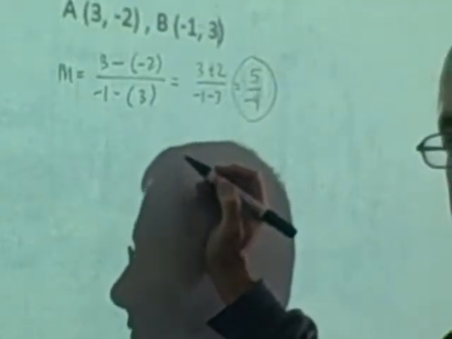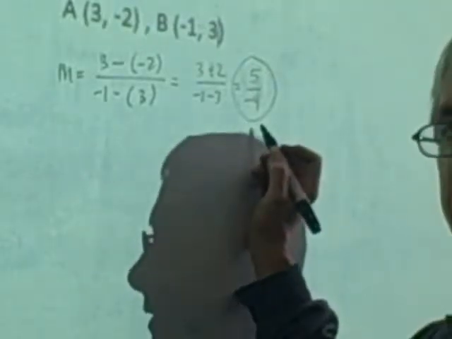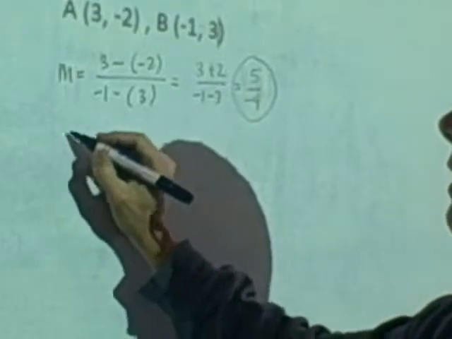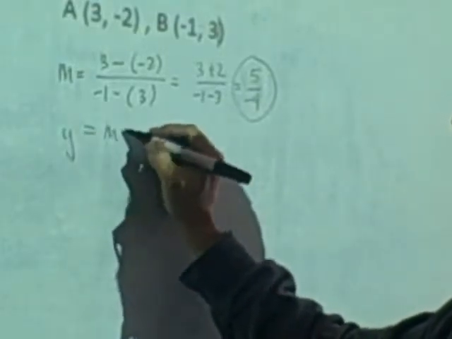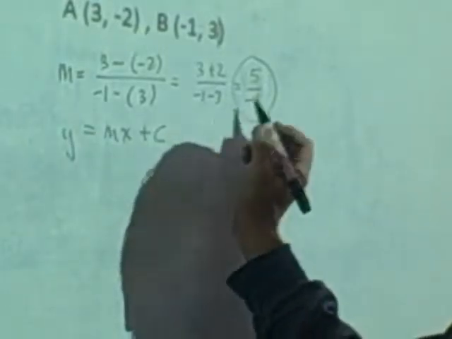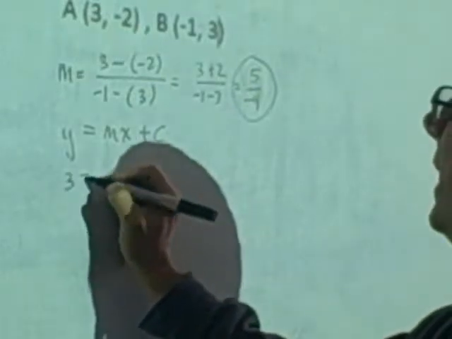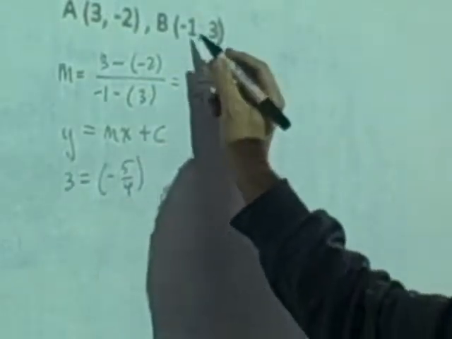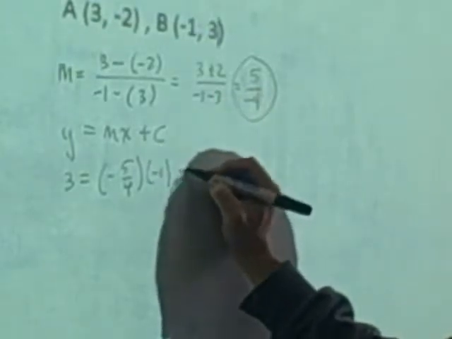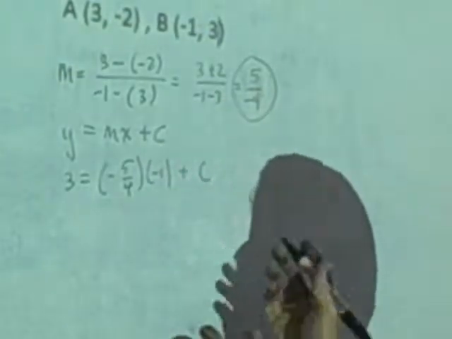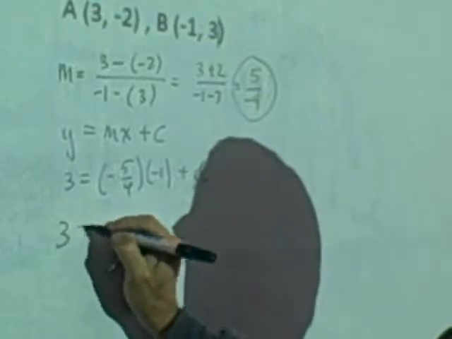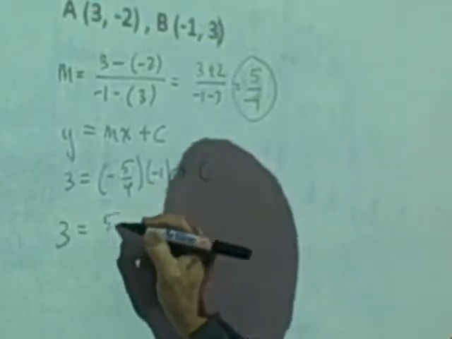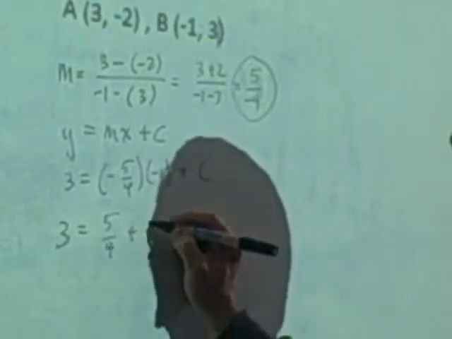Like last time, we found that if we know the gradient, all I have to do is find c. So I'm going to use y equals mx plus c. I'm going to say y is 3, m is negative 5/4, x is negative 1, and c is the unknown. That's a nice easy equation. 3 equals, the negatives cancel out, and I get 5/4 plus c.